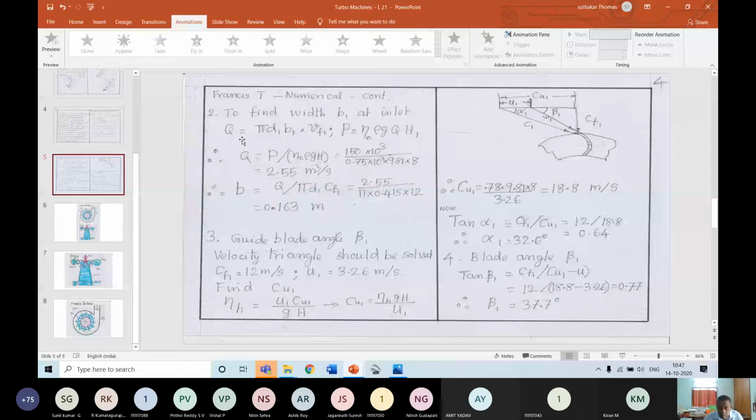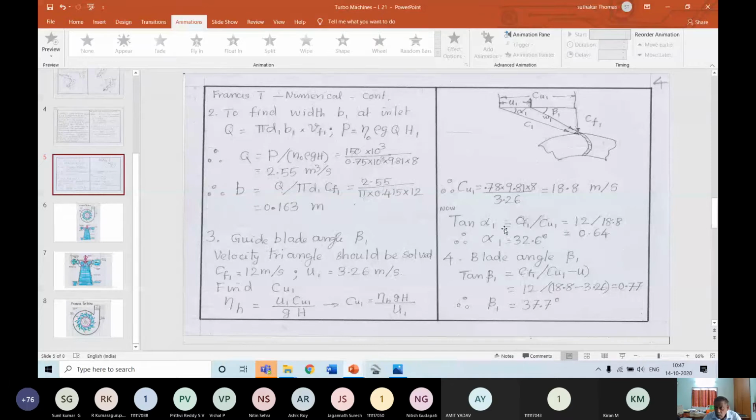So the hydraulic efficiency equation is u1 cu1 by gH. It should actually be u1 cu1 minus u2 cu2 by gH. cu2, the whirl component at exit, is assumed to be 0 in the design condition. So u1 cu1 by gH. This gives cu1 equal to hydraulic efficiency into g into H by u1, and that comes to 18.8 meters per second.